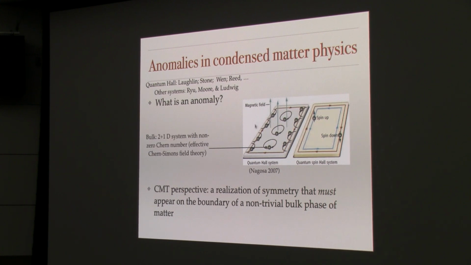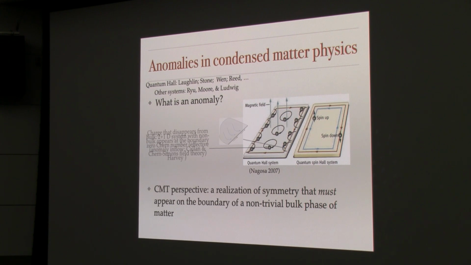And what lives in the bulk of this system has what we call a non-zero Chern number, or if you wanted to write down an effective electromagnetic response theory, it would be a Chern-Simons theory. I don't want to give you any details, but this is also a theory that does not conserve charge in the presence of a boundary.